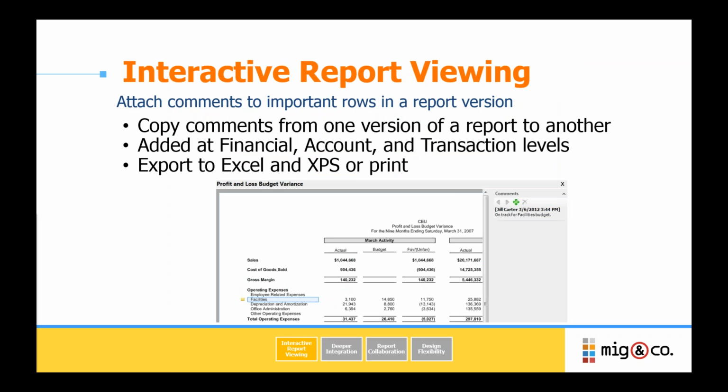With the interactive report viewing, you can, as I mentioned before, attach comments to important rows in the report version. You can attach these comments while you are reviewing the report on screen. In the screen that we have shown here, this particular user, Jill Carter, has selected the facilities line, and she's made a comment to indicate that their facilities budget is on track for this particular period.